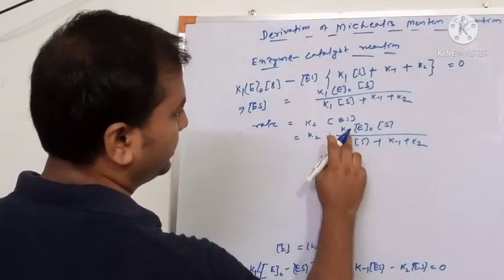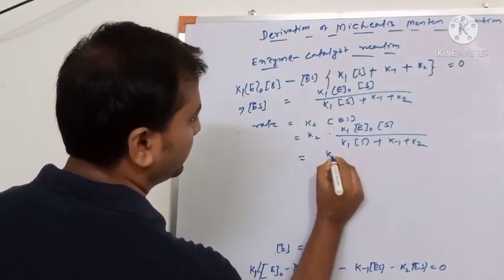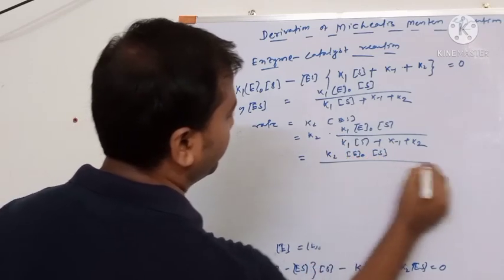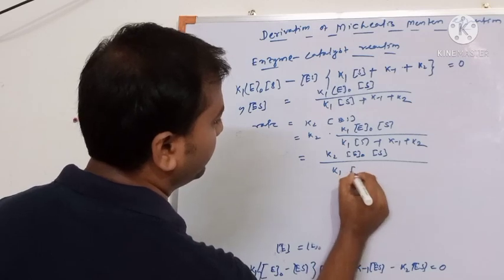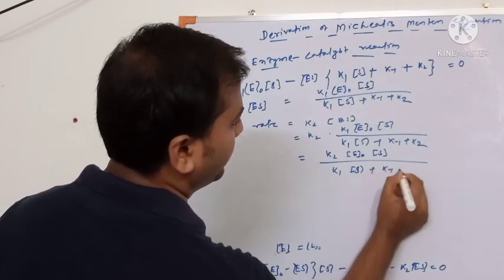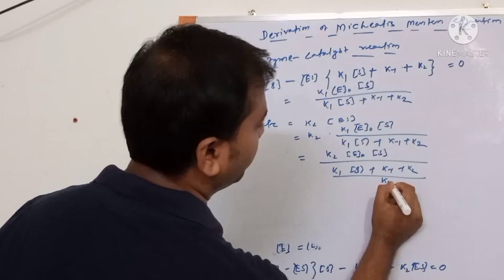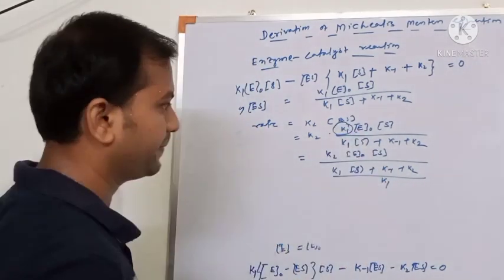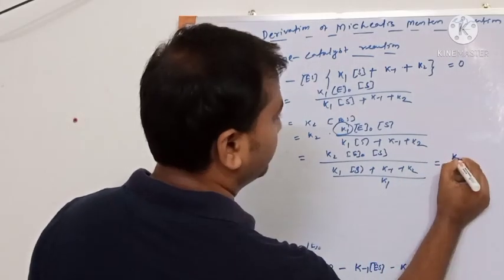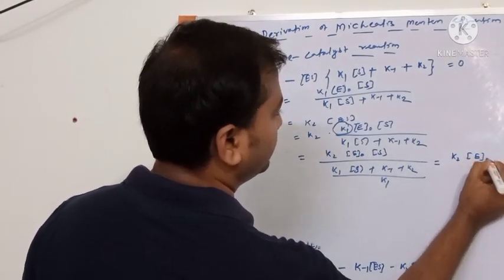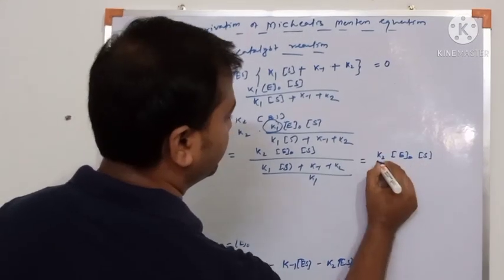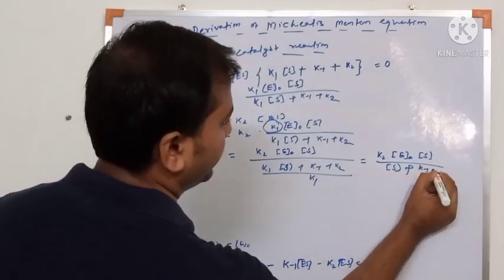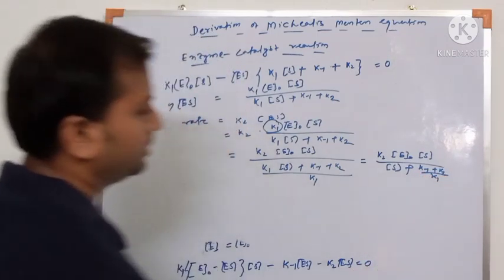Now dividing by K1: rate equals K2 E naught substrate concentration divided by substrate plus (K minus 1 plus K2) by K1.